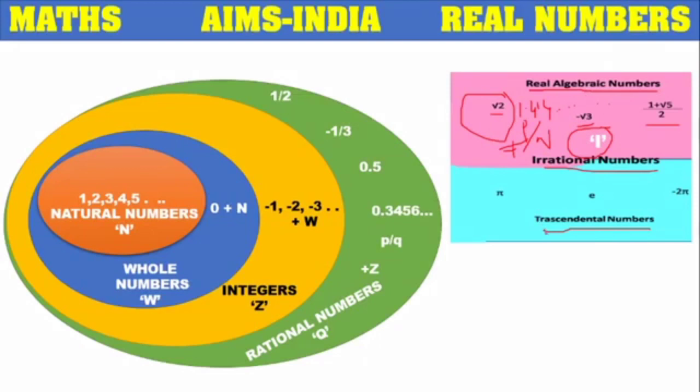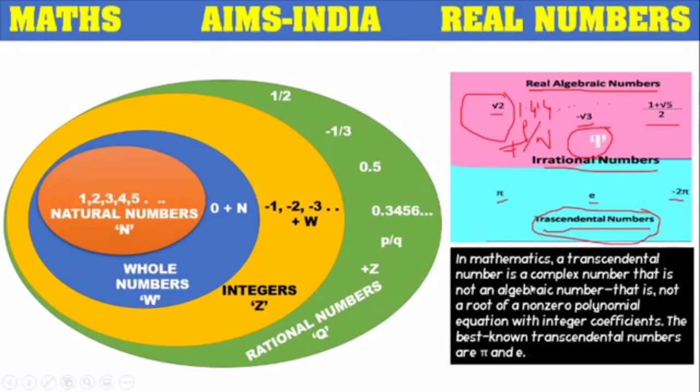We have another kind of numbers called transcendental numbers. So π, e, -2π. Actually, what are these transcendental numbers? In mathematics, a transcendental number is a number that is not an algebraic number, that is, not a root of a non-zero polynomial equation with integer coefficients.